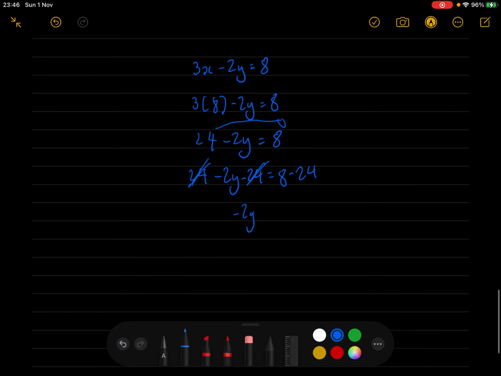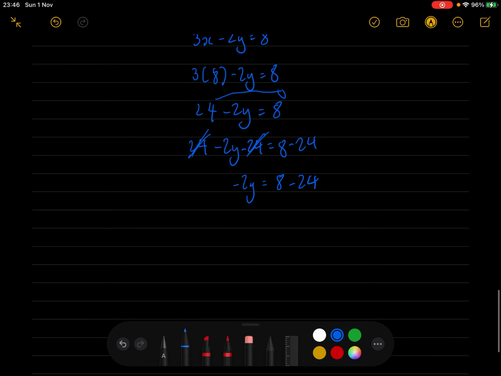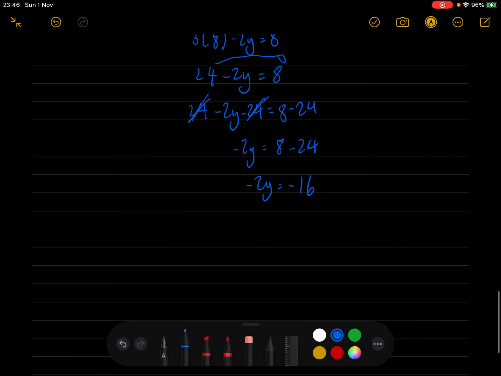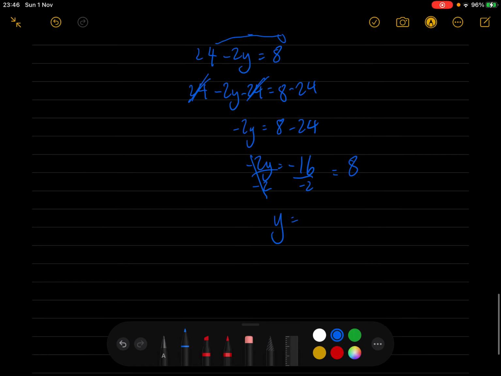Hence, negative 2y is equal to 8 minus 24, which is negative 16. So minus 2y is equal to minus 16. Now we are going to divide both sides by minus 2 to get rid of the coefficient. Negative 16 divided by negative 2 is equal to 8. Hence, y is equal to 8.